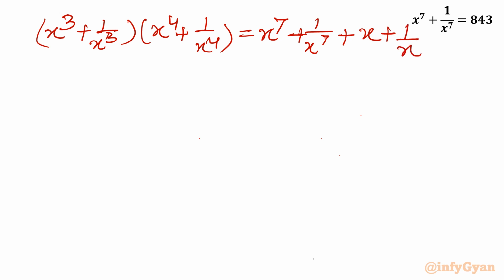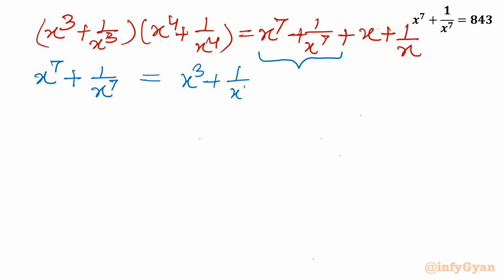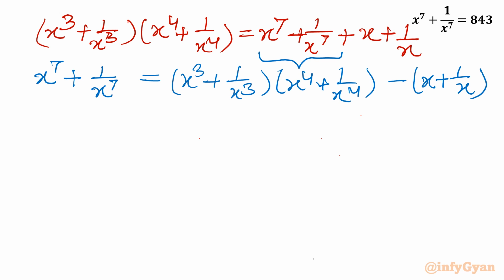Now from here we have to calculate x power 7 plus 1 over x power 7. Let us write x power 7 plus 1 over x power 7. This value will be equal to x cube plus 1 over x cube times x power 4 plus 1 over x power 4 minus x plus 1 over x.